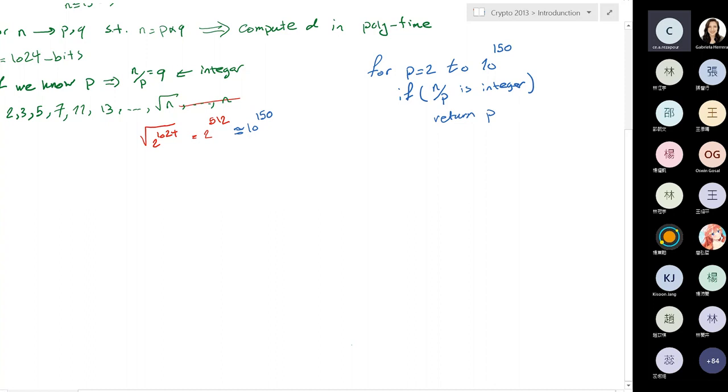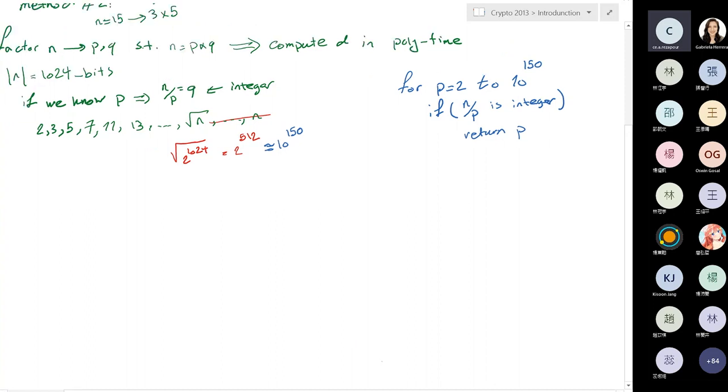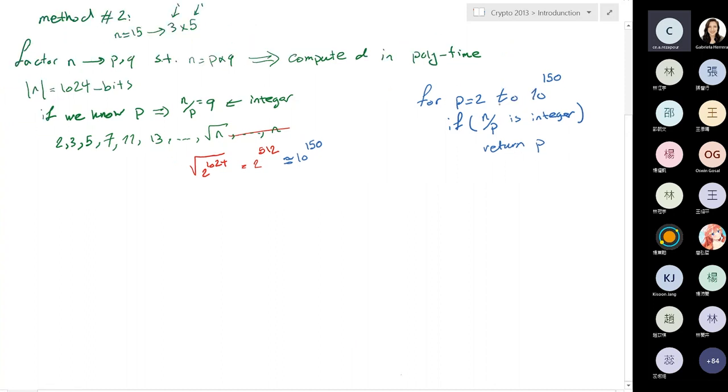Right? So let's go through the steps again. We go all the way up to the half of this list, as we said, because when n is 1024 bits, this means that we had roughly two numbers that were 512 bits. We multiply them together, we double the bits, right? So that's by the rule of multiplication.